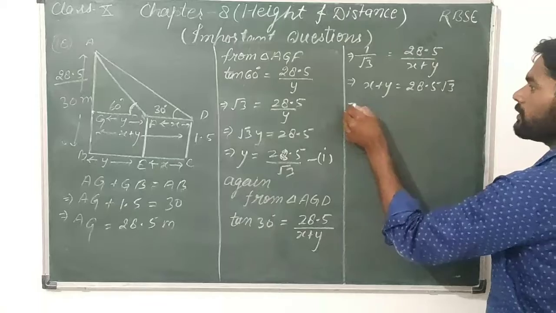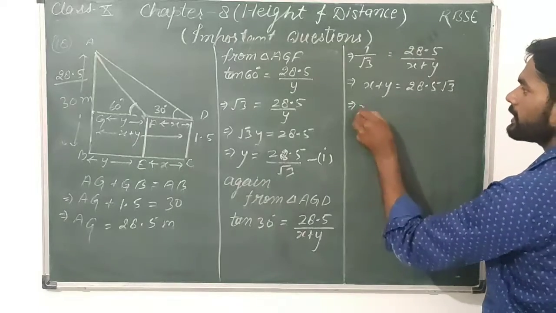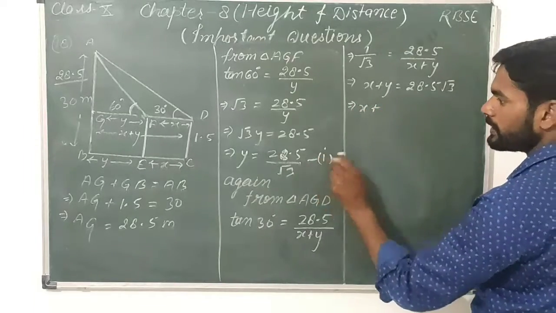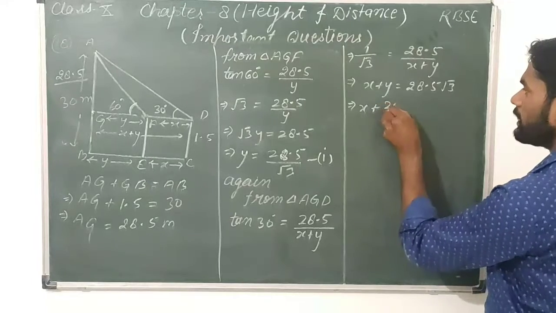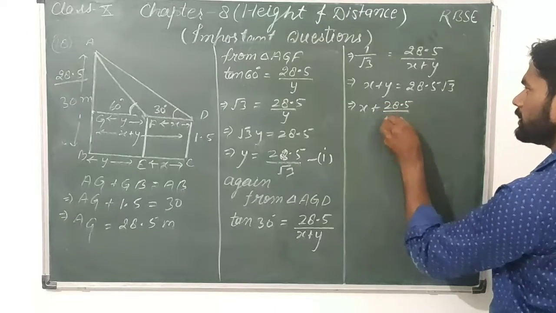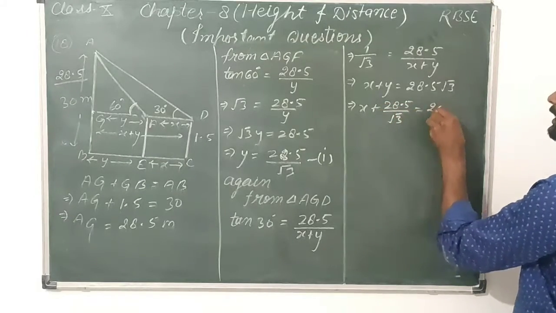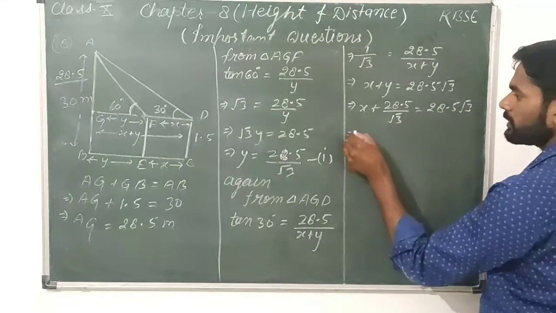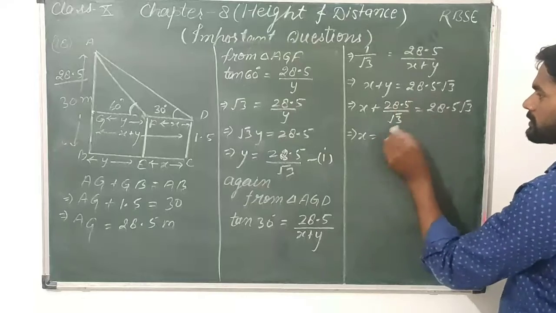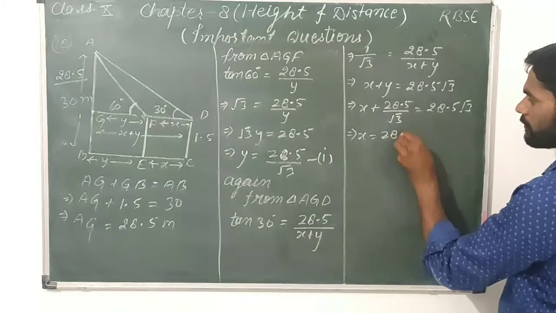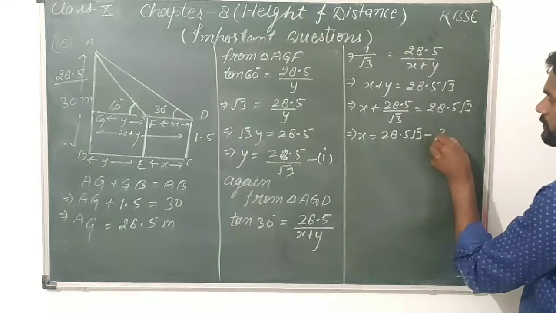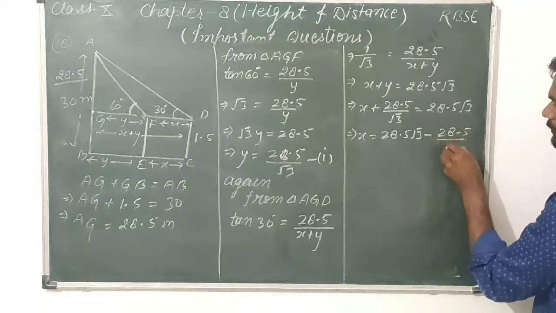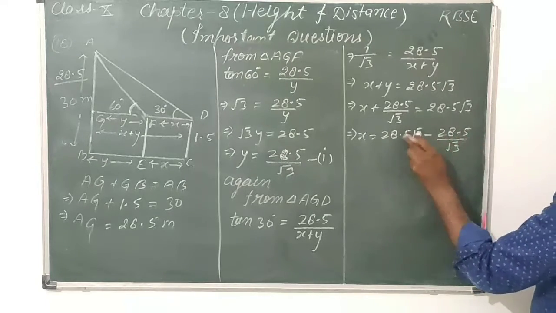Now apply the value of y. x plus y is 28.5 root 3, which is 28.5 into root 3. x is equal to, transposing this, 28.5 root 3 minus 28.5 upon root 3. 28.5 is common, so take it out.